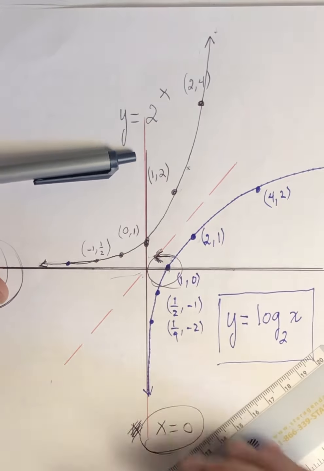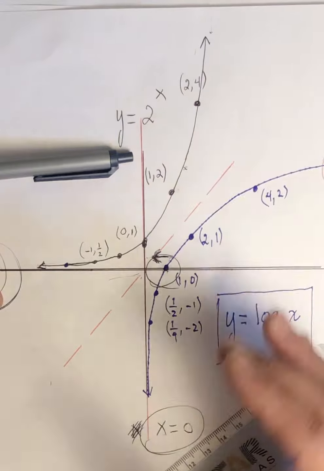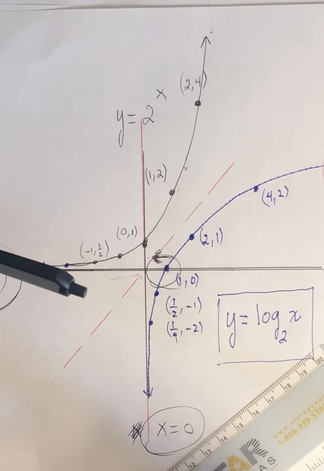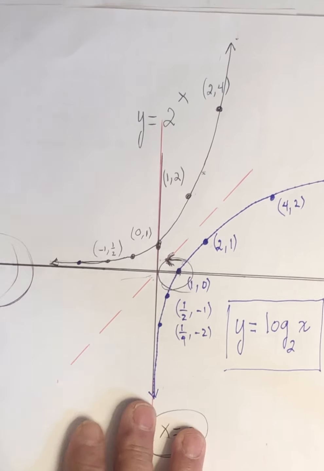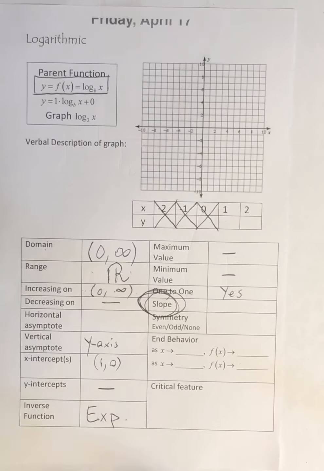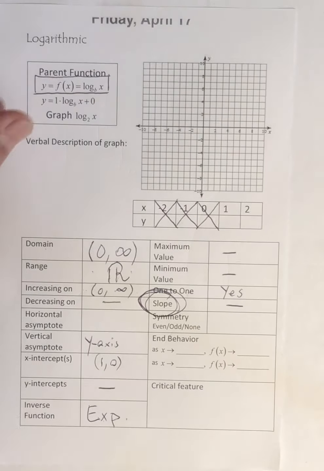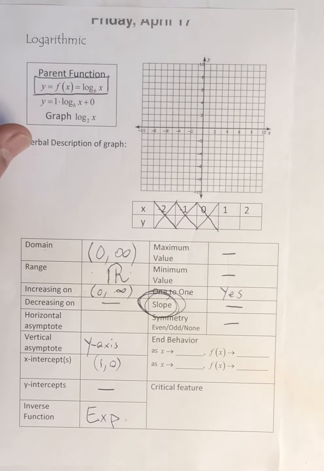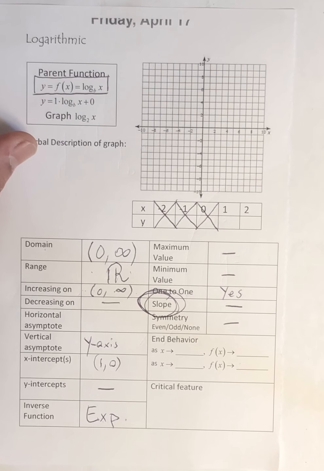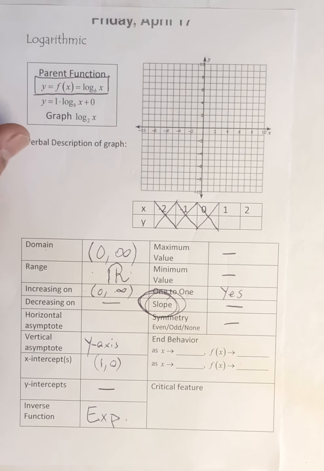So not only does the function increase as x gets bigger, but the rate of increase slows down. So no slope, but there can definitely be a discussion on the steepness of the curve. There isn't any kind of symmetry with respect to either the x-axis, y-axis, or any kind of point symmetry.